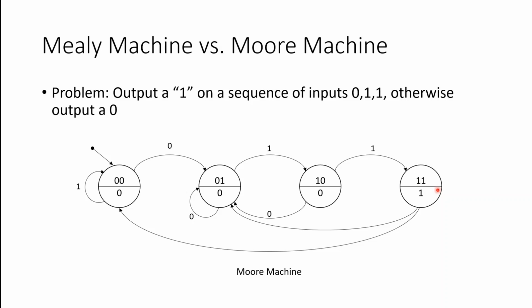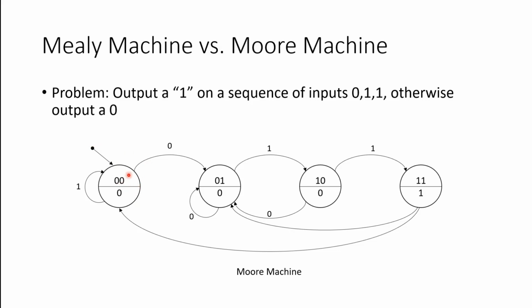What is important, however, is that we know which state is going to give us a high output. And we know that in order to produce that high output, I must have a sequence of inputs of 0, 1, 1. I know that this state 0 0 on the left here is my initial state. Of course, that is denoted by this dot and this arrow here.